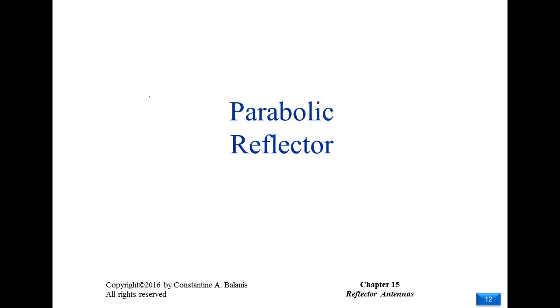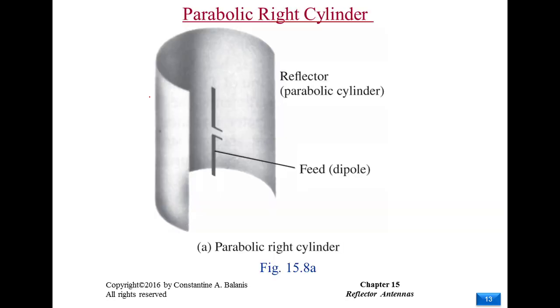So moving from the corner antenna to more advanced and now more conventional antenna, which is the parabolic reflectors. The parabolic reflector started by this idea here, like parabolic cylinder. So we have something similar to the corner, but instead of just having a corner, now we have a curved surface that is doing the reflection.